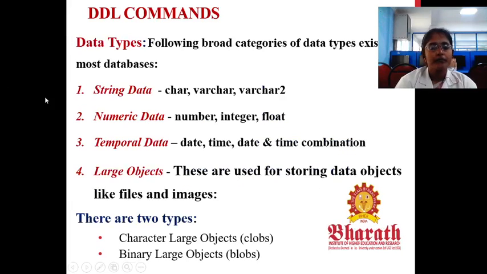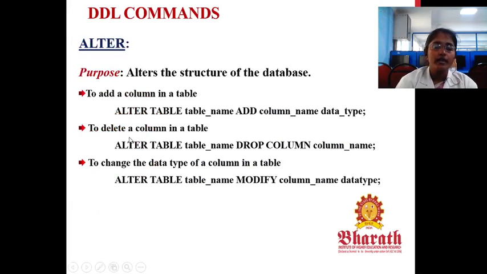Then in order to delete a column in the table, this is the syntax: alter table, alter is the major keyword, then the table name. Drop is the keyword used for deleting any particular column or row from the table. We can use this drop keyword with the column name.